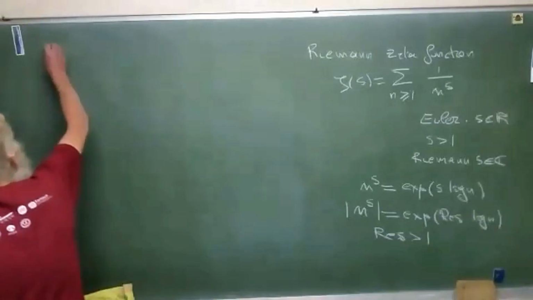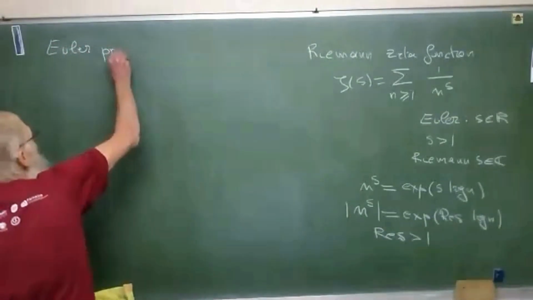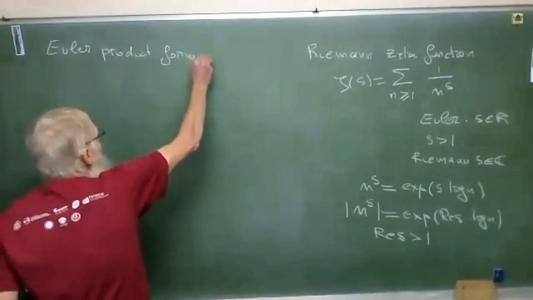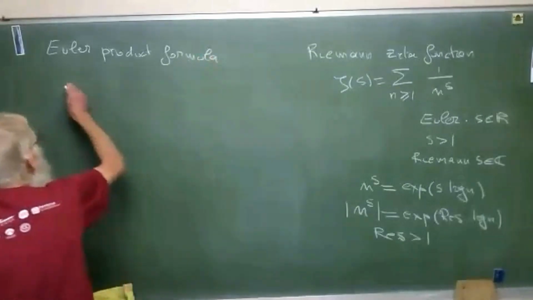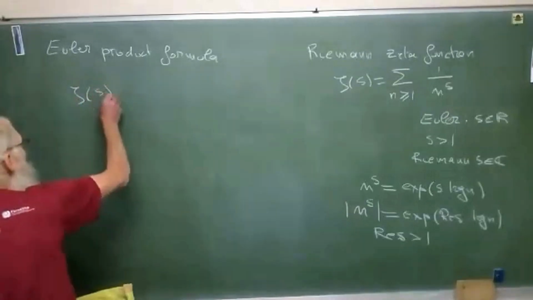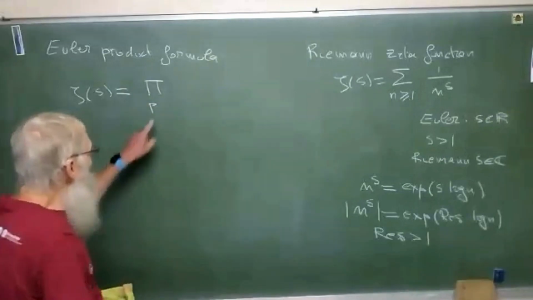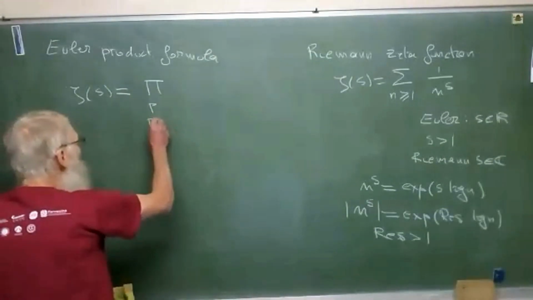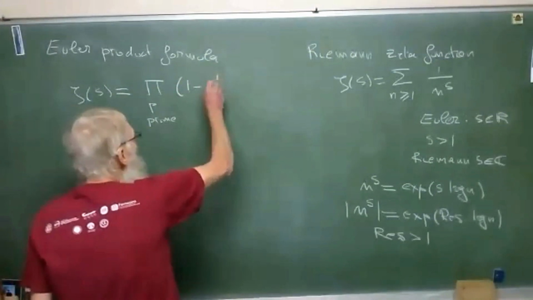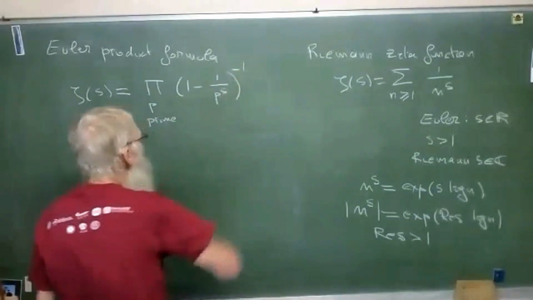So, Euler product formula. It is that this series, the sum of n to the minus s, is equal to the product over p, where P denotes the set of prime numbers, of (1 minus 1 over p to the s) to the minus 1.